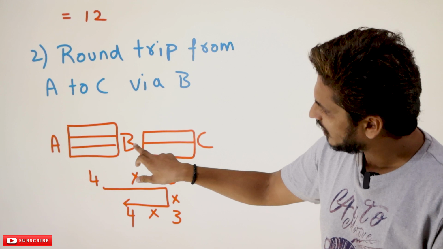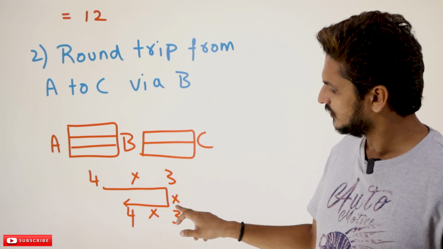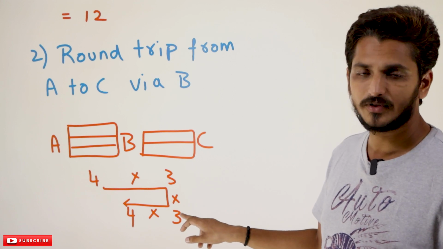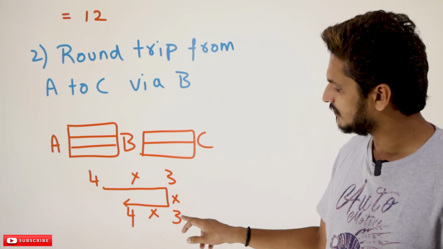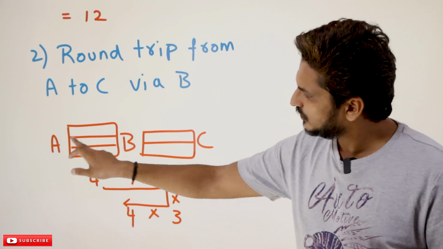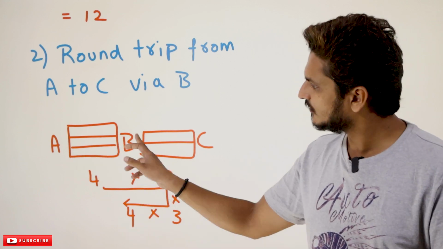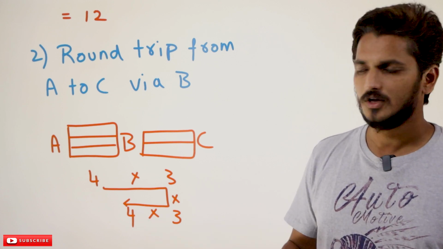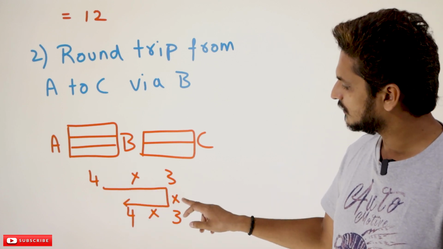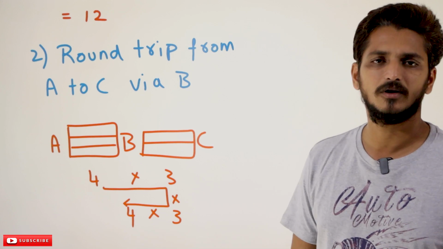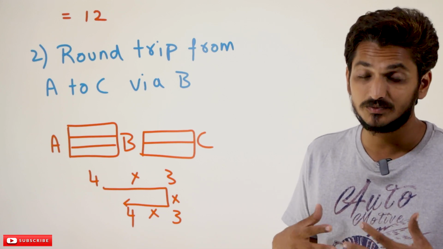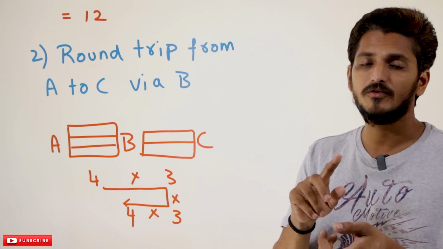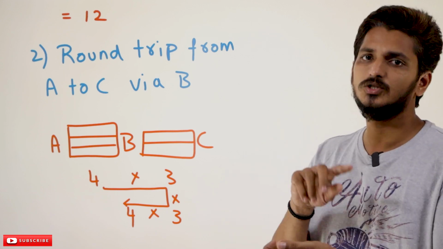From C, again you have to move back. From C to B, you are having 3 different possibilities. So 3 multiplied by 3. From B to A, again you are having 4 different possibilities. So 4 multiplied by 3 multiplied by 3 multiplied by 4. These are all the possibilities you are having in order to take a round trip from A to C, C to A.